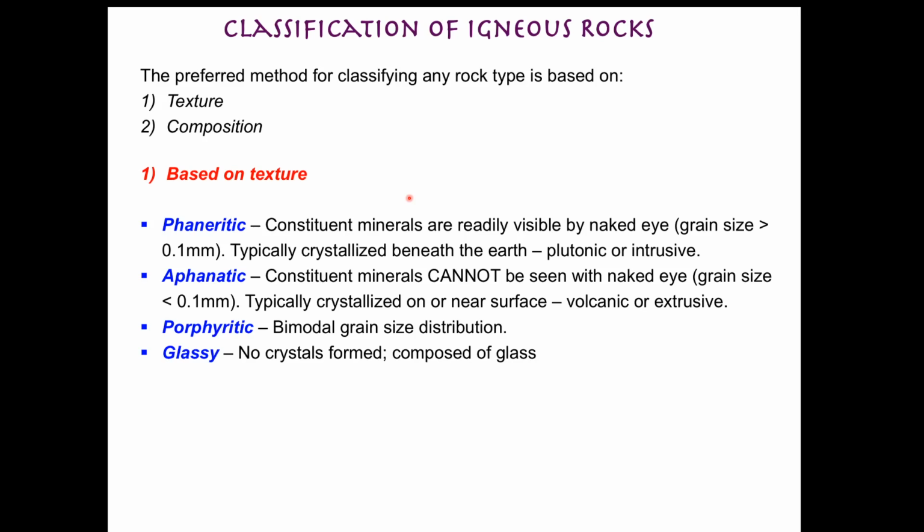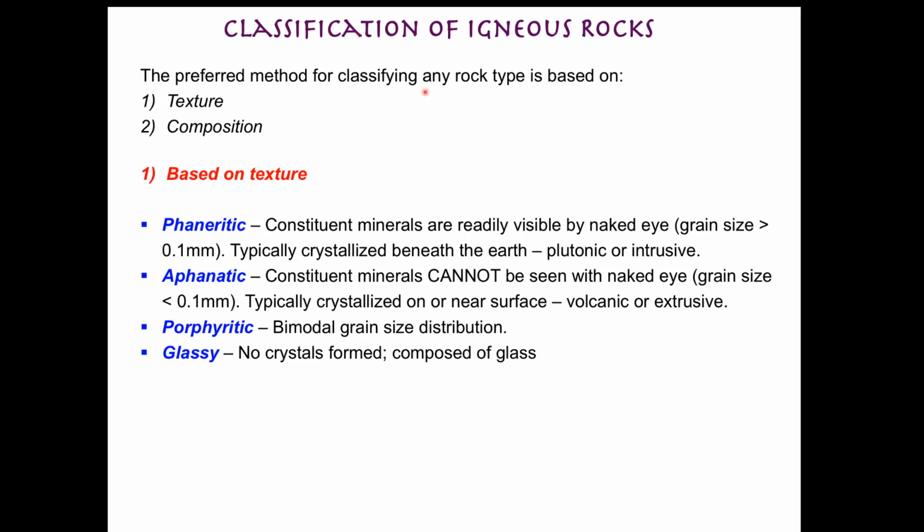Next comes the classification of igneous rocks. We have a large variety of igneous rocks which need to be classified to have a proper nomenclature and to be organized, and there are several methods in which one can classify them.